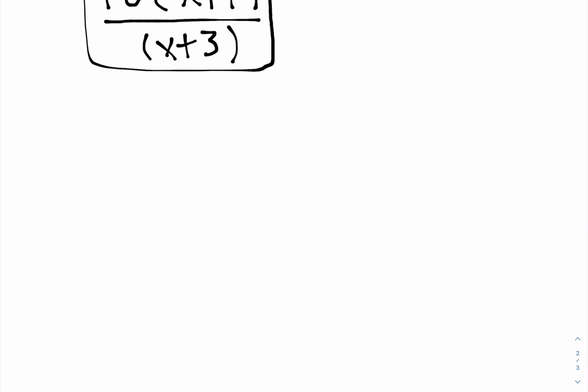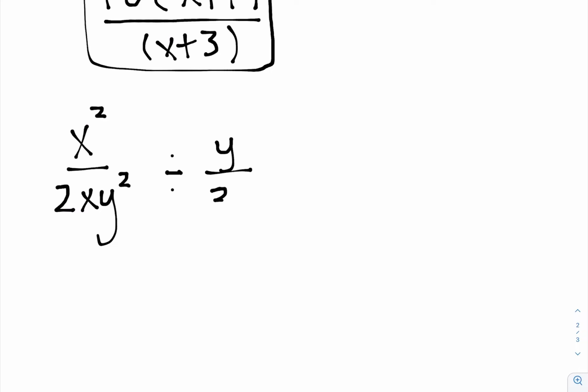Okay, so let's say we have x squared divided by 2xy squared, right, divided by, let's say y over 3, actually no, let's do 6x.